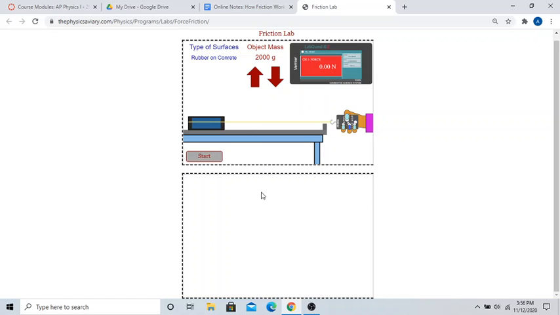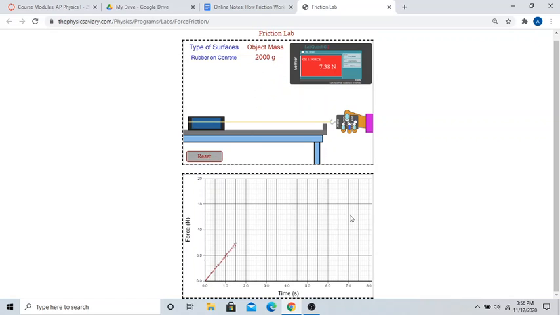Remember, about 9 newtons was the maximum force. Here, you'll notice I've doubled the mass, and it now takes about 18 newtons. That's the maximum static friction force before this object can start moving again.